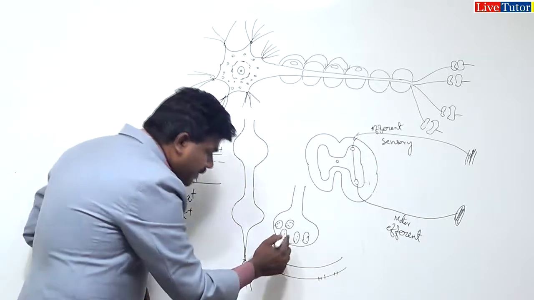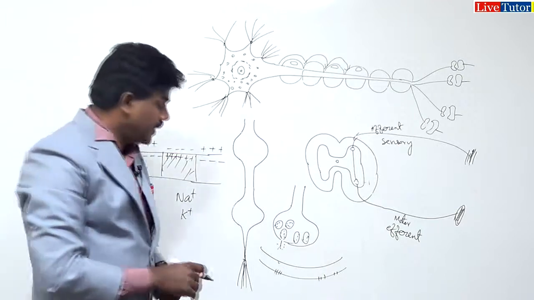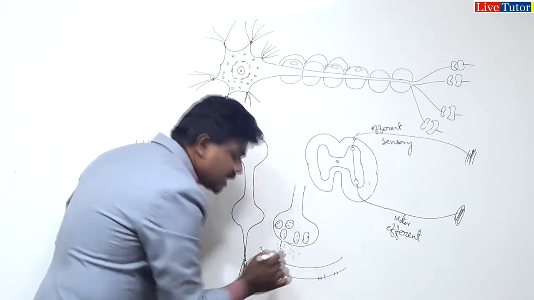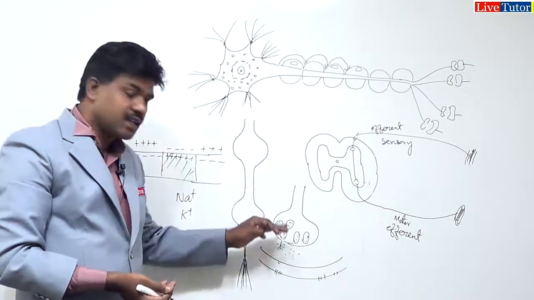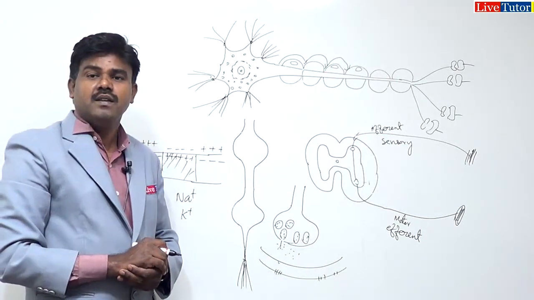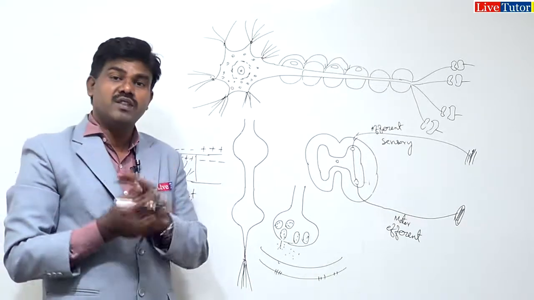Here, this is the presynaptic, and this one is called the postsynaptic. Here is the neurotransmitter, generally acetylcholine, which acts as a neurotransmitter. Sometimes there is a disease called an autoimmune disease. What is an autoimmune disease?